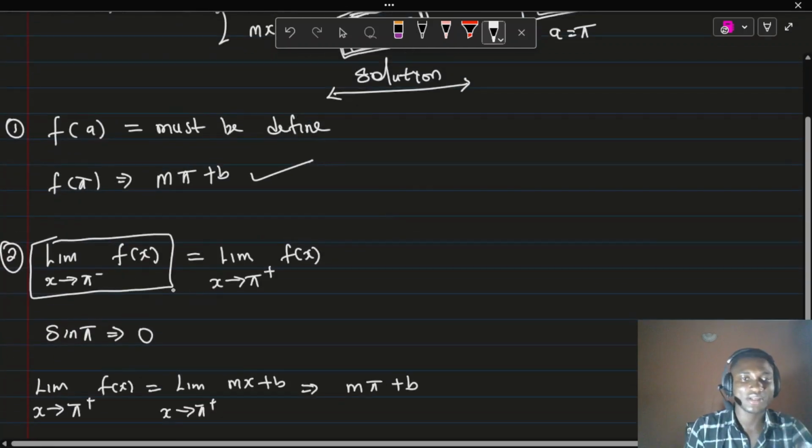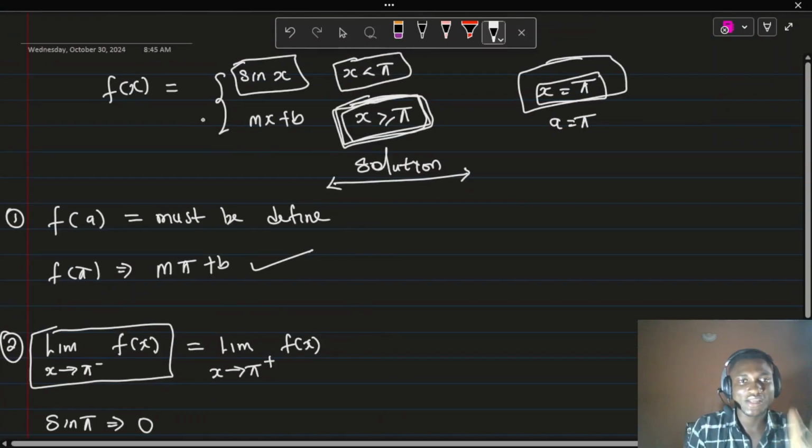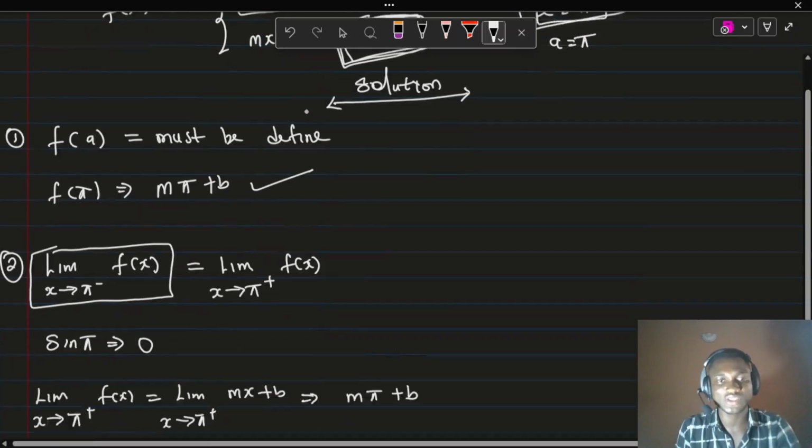Now remember that we cannot ascertain that this is equal to this because we are having constants m and b, and one of the things that we have to do in this question is to find the value of m and also b. We have to find the value of m and b to show that this function here is continuous.